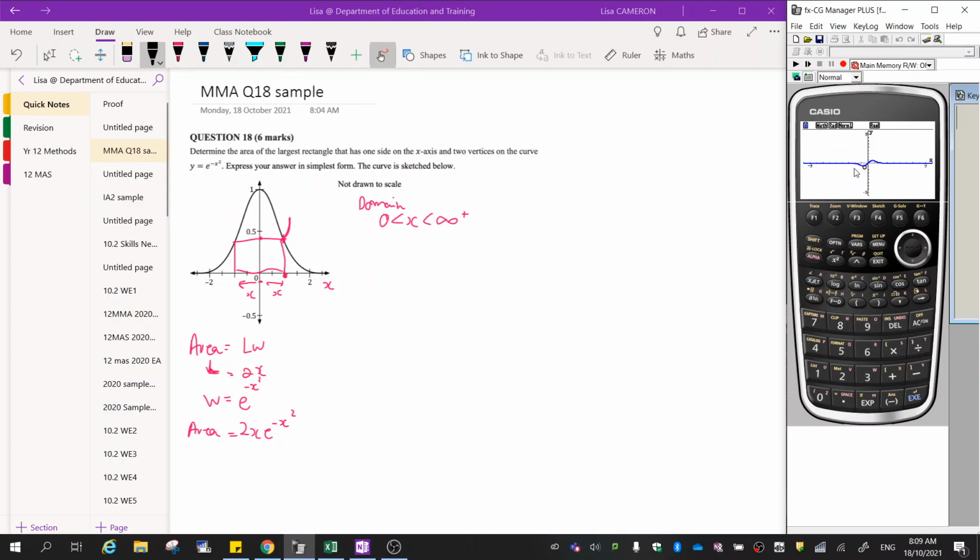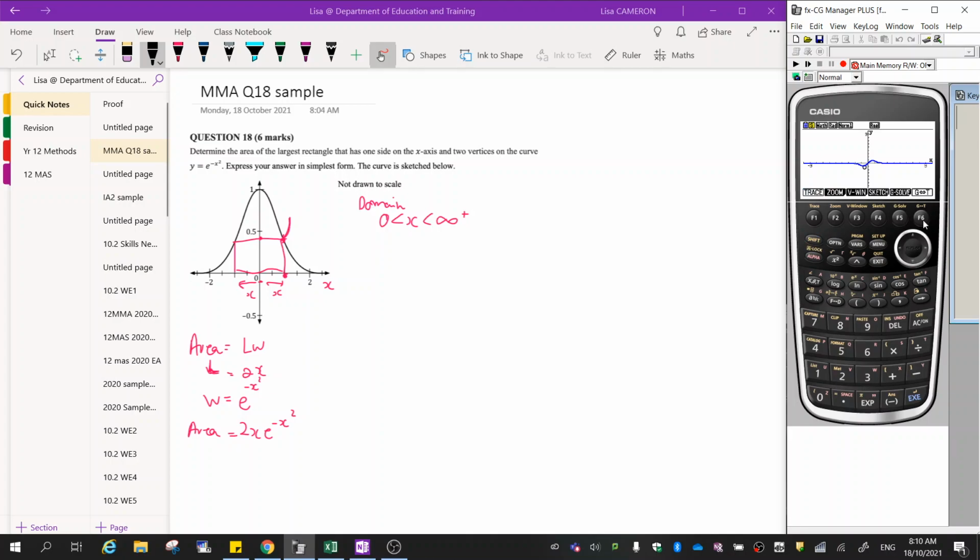Okay, so this is the expression for the area. When x is 0, the whole thing is 0. It doesn't make sense for it to be anything in the negative quadrant because that would essentially mean that it's eating into itself. It does make sense for it to be in our positive quadrant, and we obviously want it to be at its maximum point because that's when we have the most area.